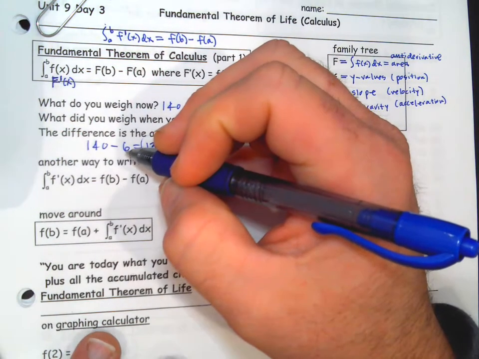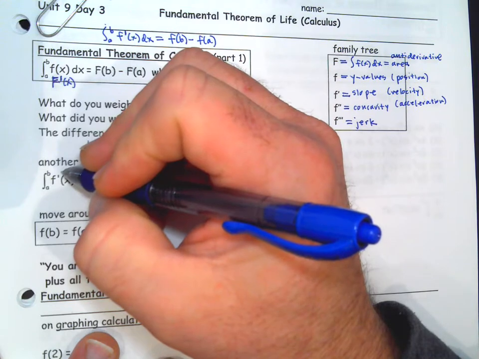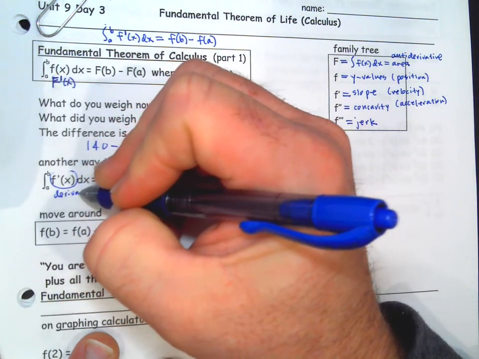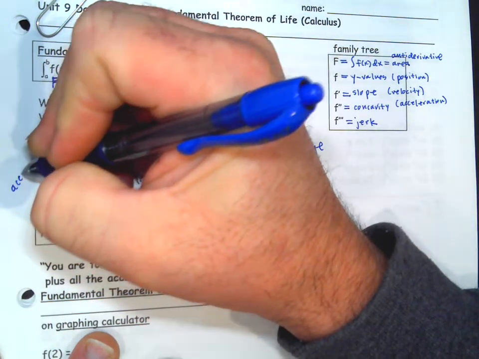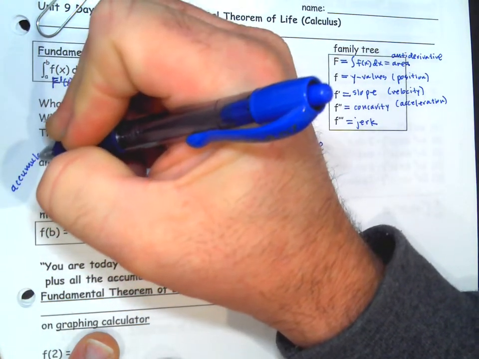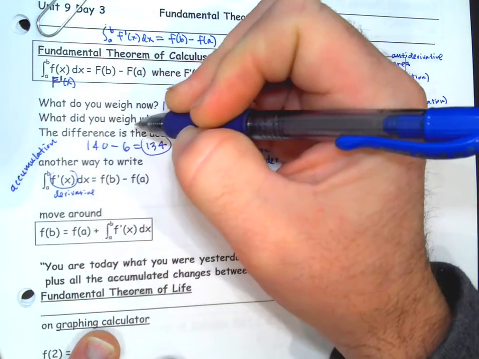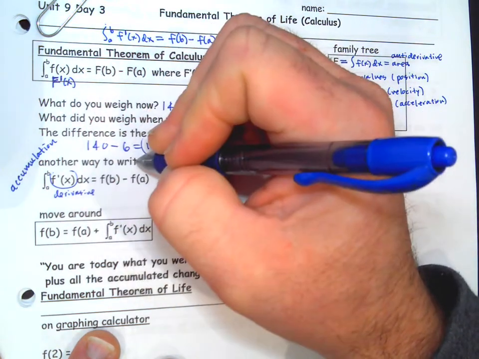So another way to represent this is to say, okay, let's accumulate, right? That's what integrals do. They're accumulators. So it's the accumulation of all the derivative. And if you do that, you're going to get the change in the original function.